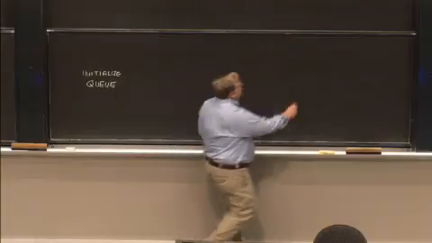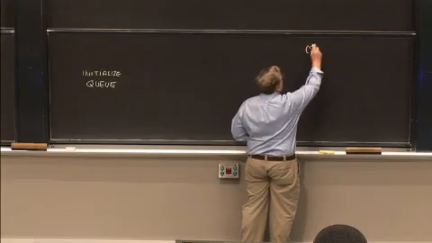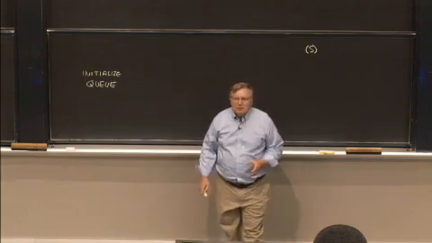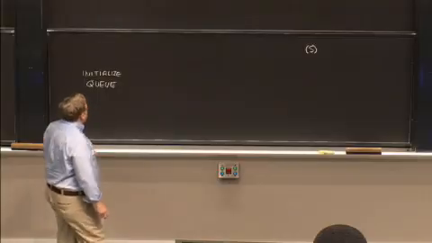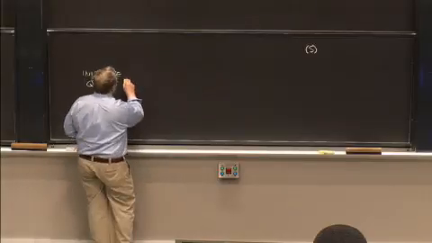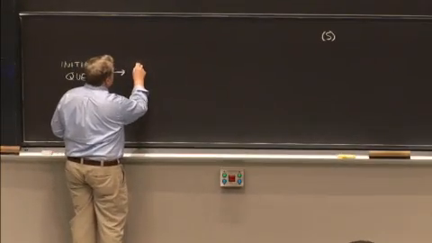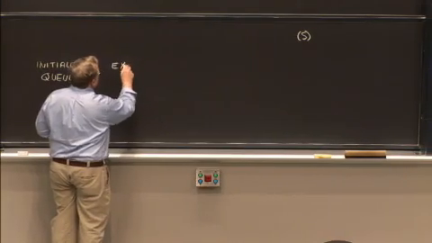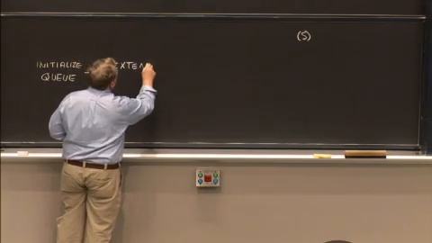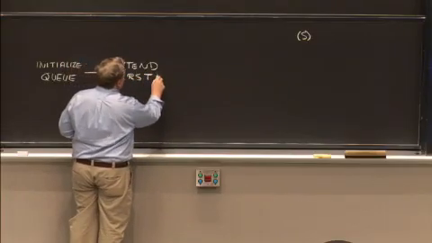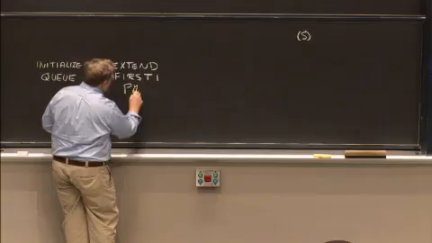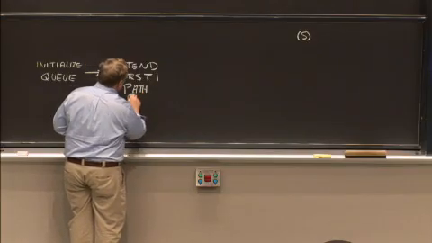To begin with, I just have one path, and it has only one node in it, S. That's the whole path. The next thing I do after I initialize the queue is extend the first path on the queue.